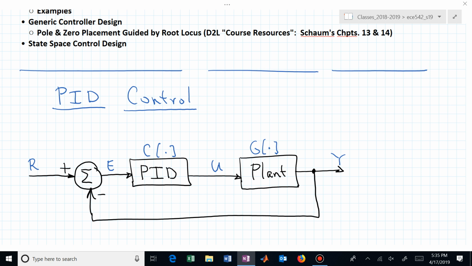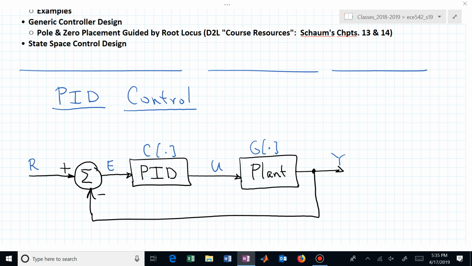Here is our general diagram for a PID controller, and you'll notice maybe, if you're really paying attention, that I haven't placed an argument inside the brackets for G or C. This could now represent an analog control system or a digital control system, and we're going to look at both.